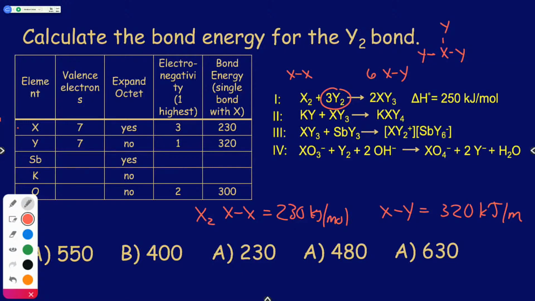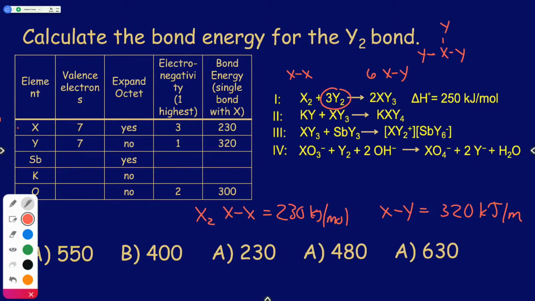You know that we can set this equal to this. We can do bonds broken minus bonds formed: break all those bonds, form all those bonds. That should equal 250 kilojoules per mole.